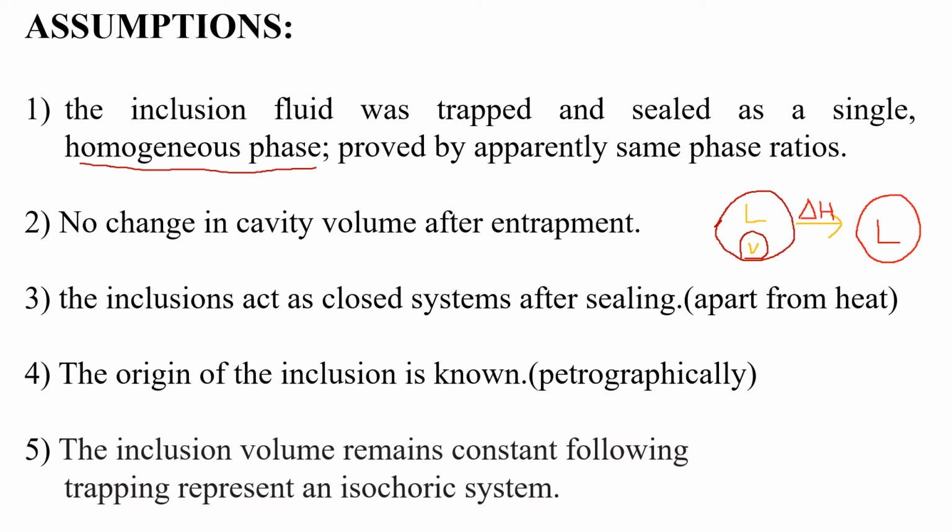In nature, the fluid is entrapped as a single phase, and with cooling they are converted into some vapor. But in the laboratory, when you do the reverse, I mean when we heat them, they are either converted into liquid or vapor, depending upon whether it's a liquid state entrapment or a vapor state entrapment.